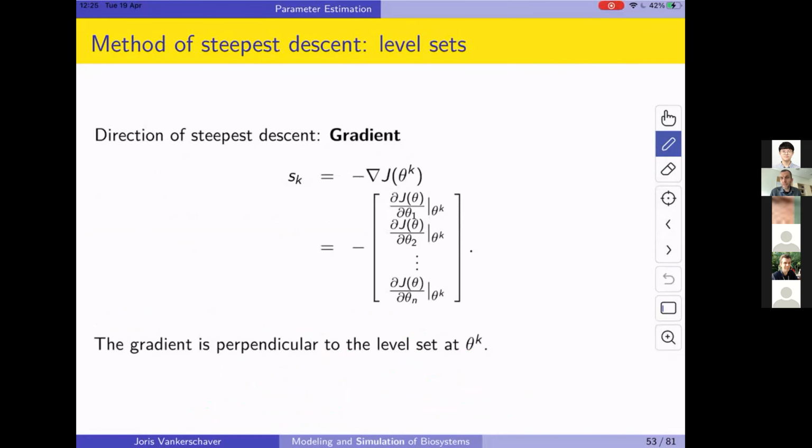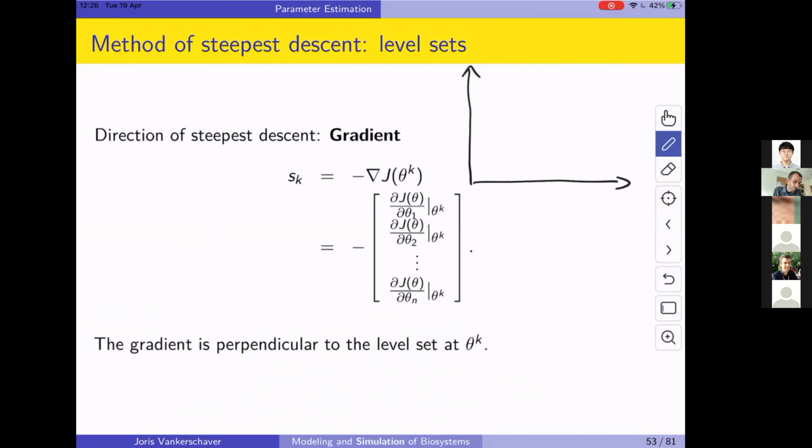And so mathematically, how can we exploit that intuition? Well, we know something about the objective function and especially about its gradient. We know from multivariate calculus that the gradient points in the direction of steepest ascent, and therefore minus the gradient points in the direction of steepest descent. So let me sketch this.